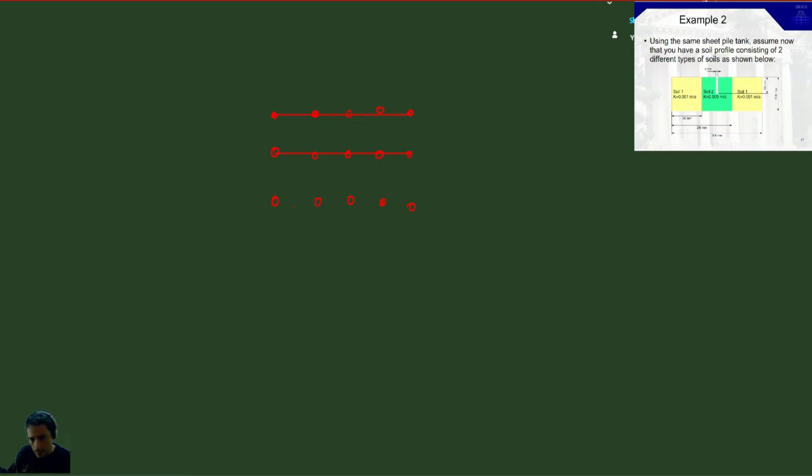So we have our little nodes here on our grid.